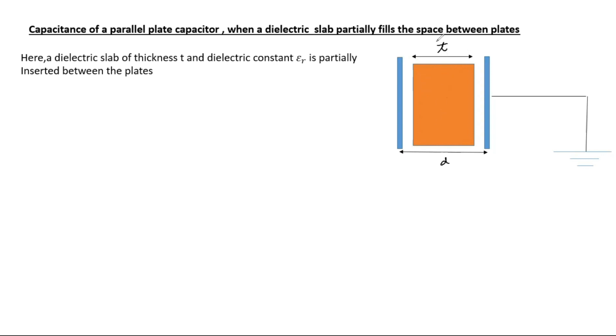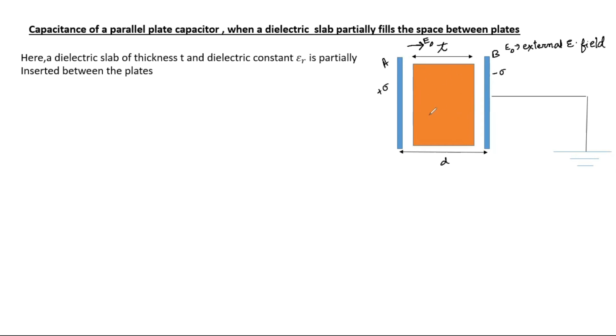One electric field will be directed in this direction. Let's say this is E naught, the external electric field, which is due to these two plates A and B, where one has plus sigma charge and the other has minus sigma charge. These are the surface charge densities.